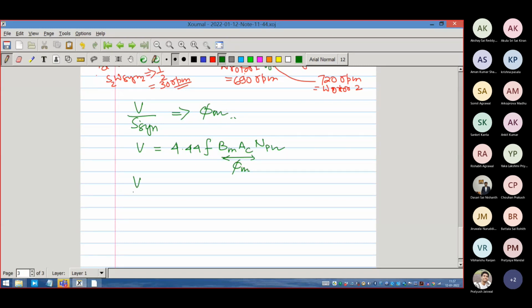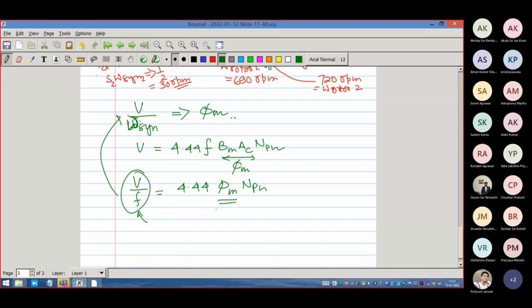So you see V by F is something like V by omega sin, a coefficient of omega sin. So V by F is equal to 4.44 phi m into N phase. So V by F constant implies that you are keeping phi m constant. So this is the constant flux.